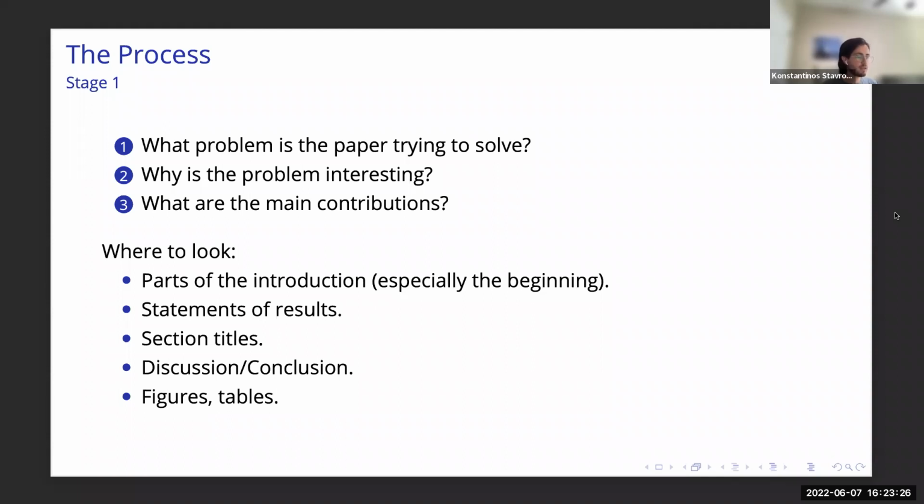So one would read some parts of the introduction, especially the beginning. So it might be best to avoid reading the abstract, because the abstract is even more compressed than the paper.